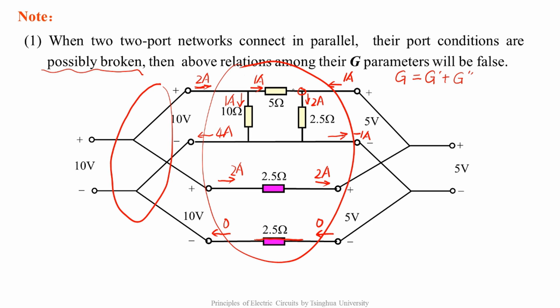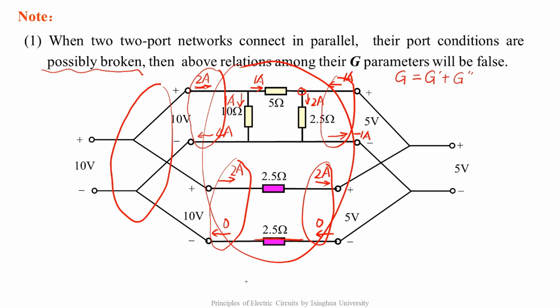Now you will find that after the parallel connection, the port condition of the first two-port network will not be satisfied any longer. The current flowing in isn't equal to the current flowing out at this port. For the second two-port network, the port condition will not be satisfied any longer either. So after the parallel connection, these two networks are not two-port networks any longer.